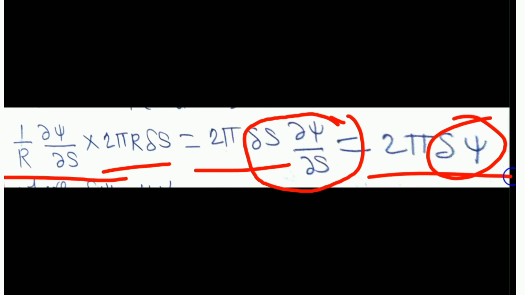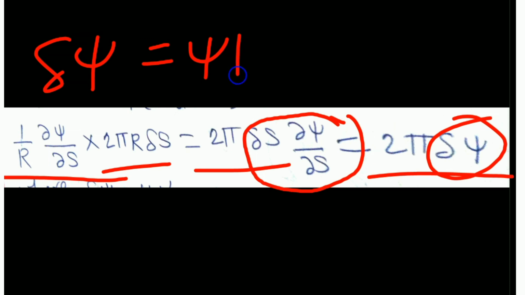So this will be 2 pi delta psi, where this delta psi is psi P dash minus psi P.